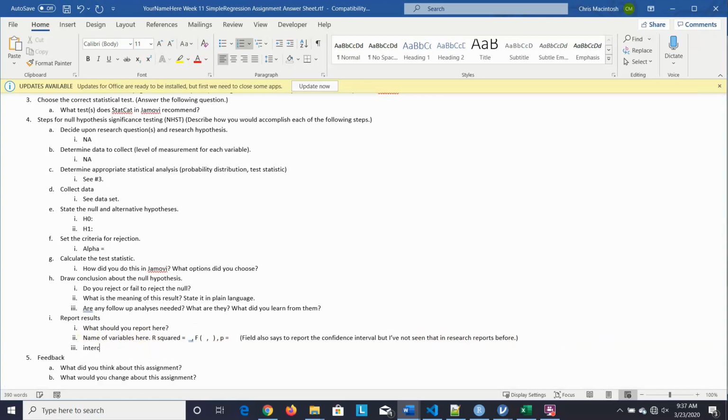I would just do intercept, and we would want our estimate equals, and T equals, and P equals, and we would do standardized estimate, and of course for the intercept it's not going to have anything, but we would add another line for the adverts and include all that information and include the standardized estimate there, and those are the things that I would report there.